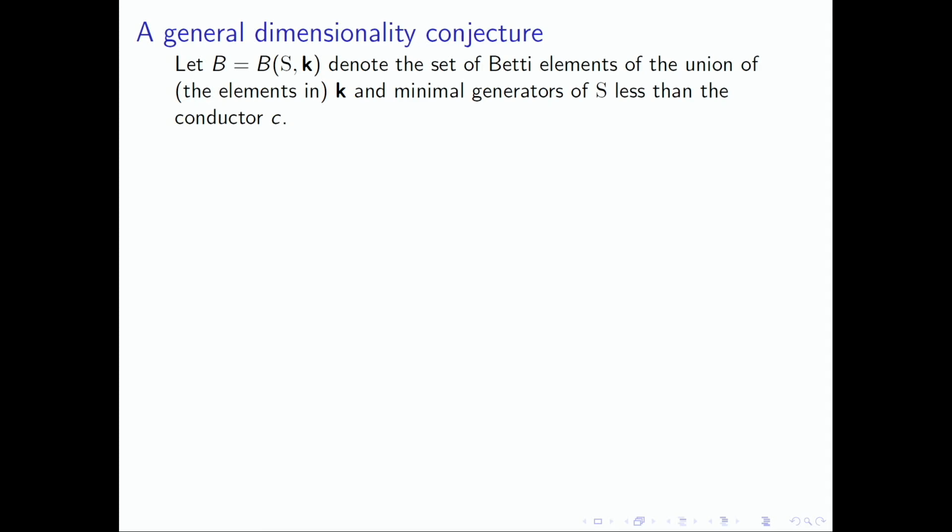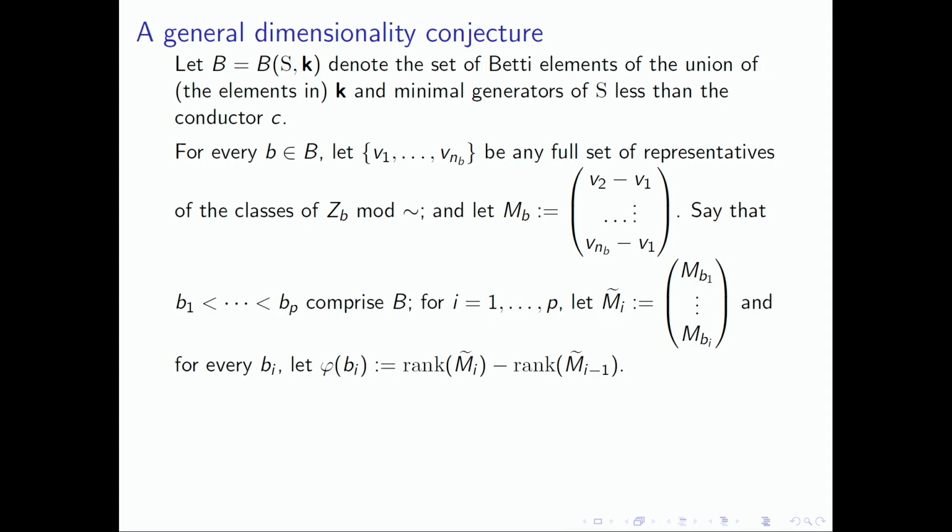The conductor is, by definition, one more than the largest element in the complement of the semigroup. And now, I guess there's an additional ingredient: there's some linear algebraic input that goes into this codimension formula.